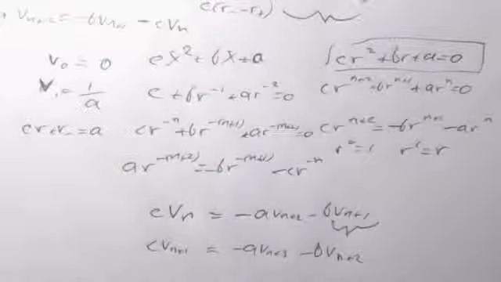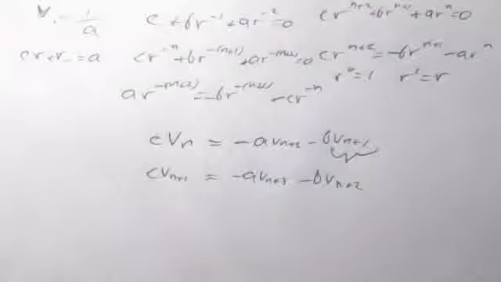And doing this repeatedly allowed me to get the following lemma, which I'm not going to prove. It's easy to prove by induction once you make this observation that this is how you generate it.